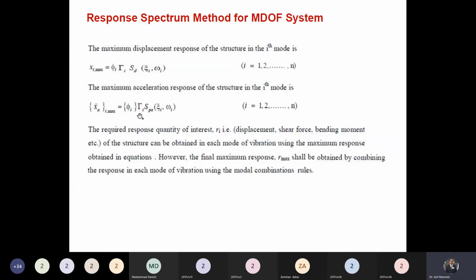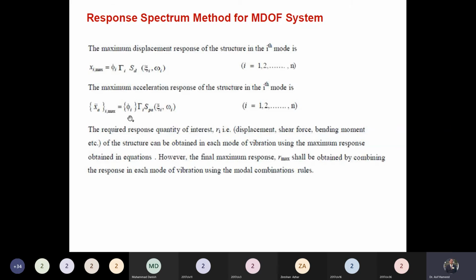You can multiply with the modal participation factor and the modal vector for that particular mode, and you will have the acceleration vector for that mode. तो किसी भी मोड के लिए आपने मैक्सिमम डिस्प्लेसमेंट एक्सेलरेशन फाइंड आउट करनी है, you have to multiply the modal vector. This is the actual value, and you can say the displacement because of the particular loading, and these are the relative values.